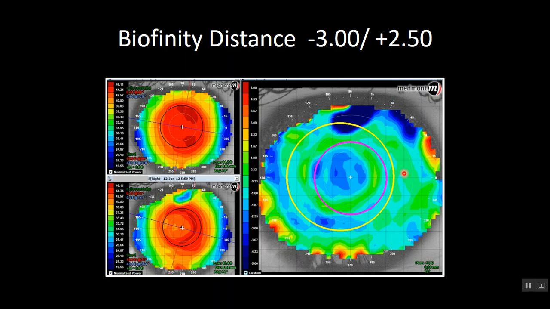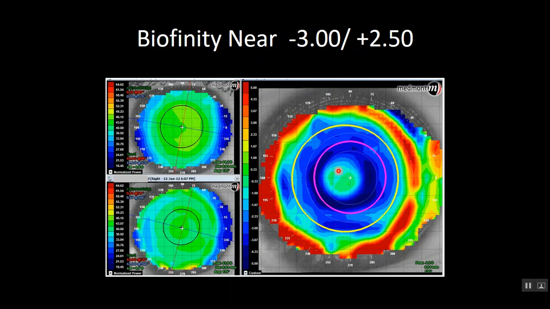Biofinity distance, no different. Distance zone here, near zone here. And we see on the visual axis, these lenses appearing to ride more temporal of the visual axis or line of sight. The Biofinity near, no different.